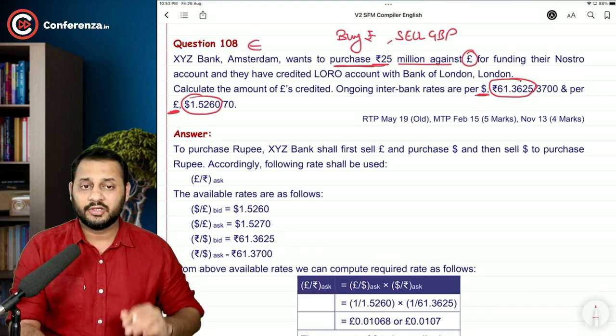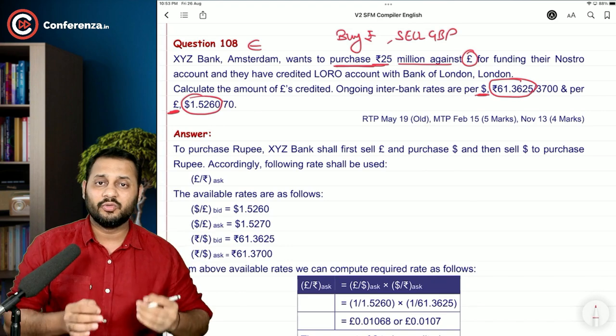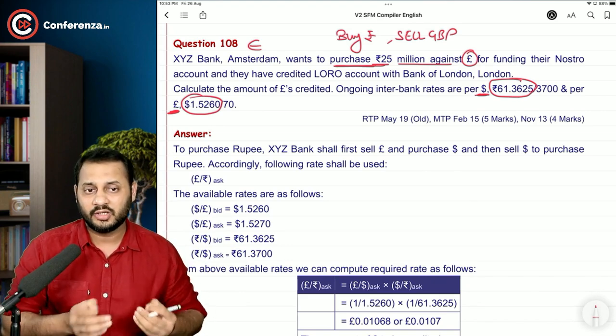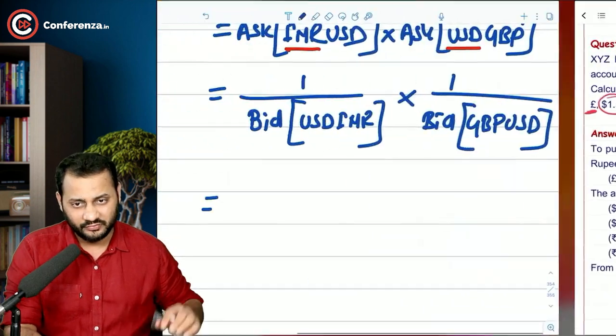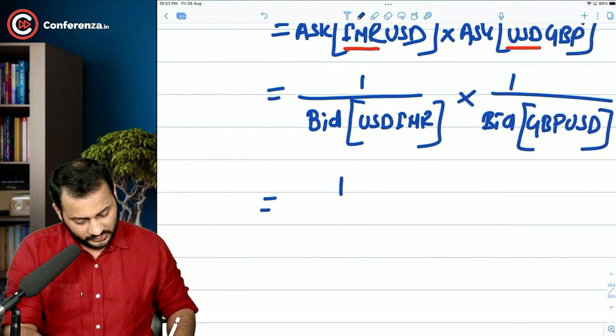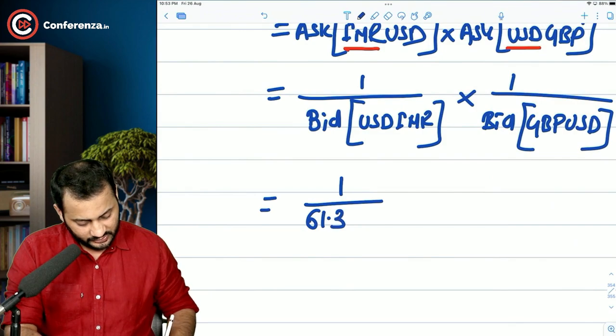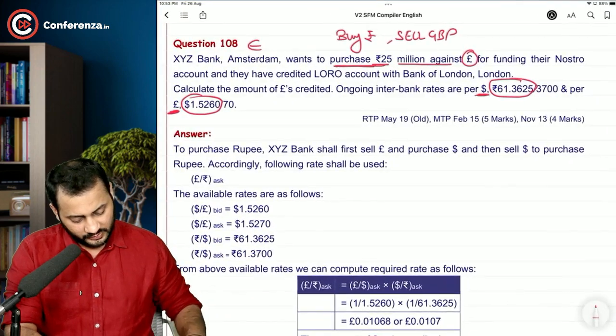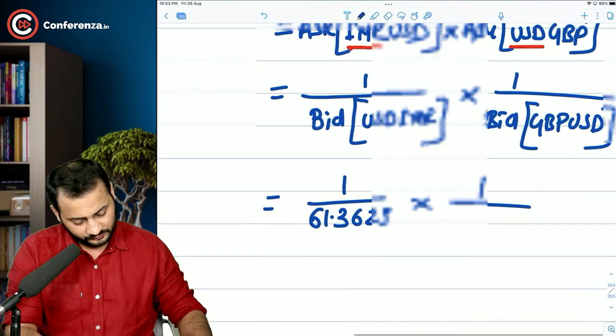This is very important to understand the base currency. Without knowing which is the base currency, you may end up taking the wrong quote. 1 divided by 61.3625, into 1 divided by 1.5260.